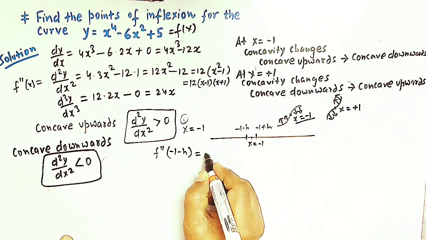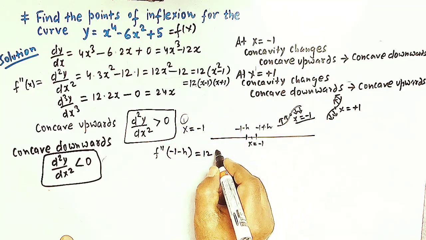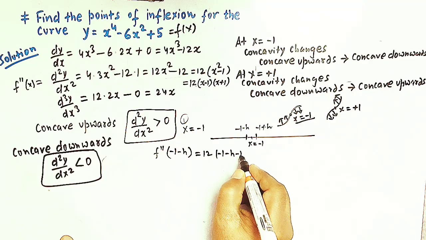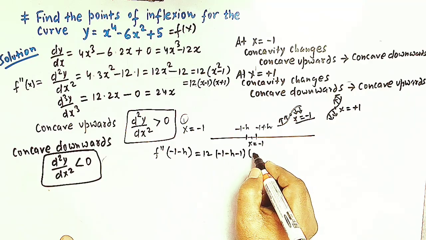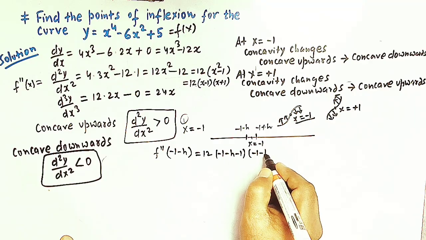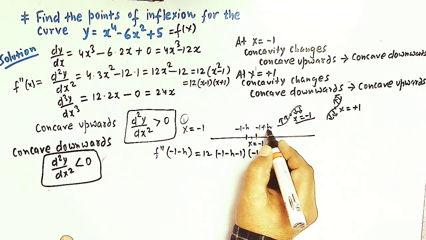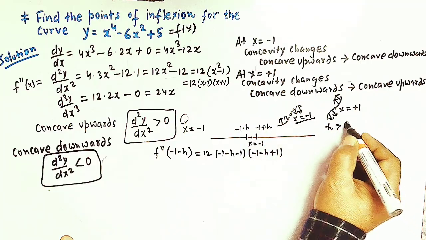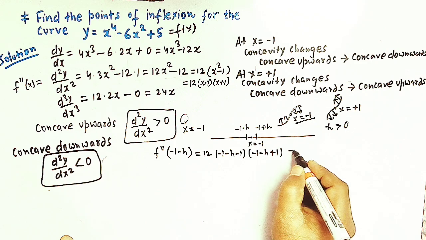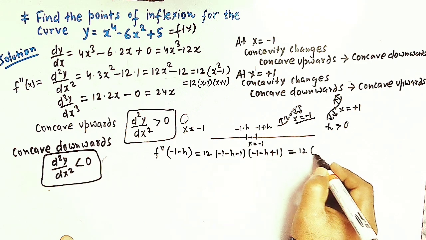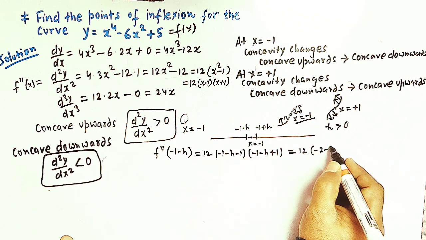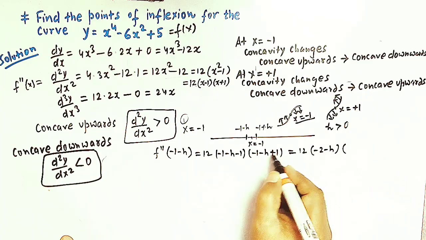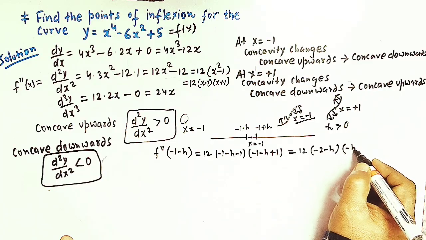So we have here 12, then we have -1 minus h minus 1, then we have -1 minus h plus 1. And remember, this h is infinitesimally very small and it is greater than 0. So here we have 12, then we have -2 minus h, and here we have simply minus h.